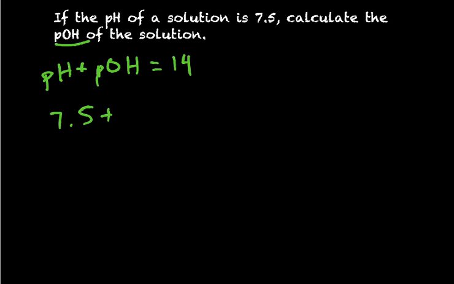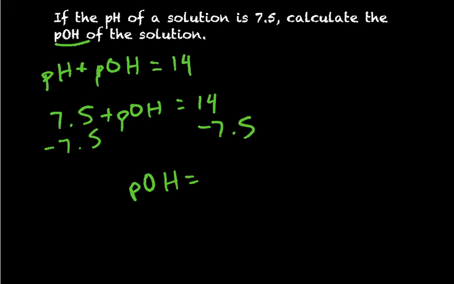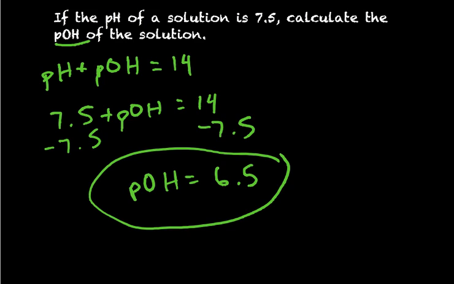We need to find the pOH. Same as the last problem, we subtract 7.5 from both sides, and that gives us a pOH of 6.5. That is your answer, and since it is less than 7, this is acidic.